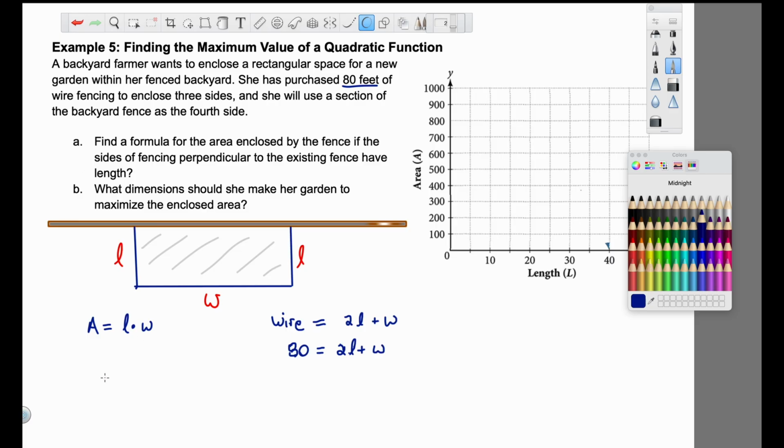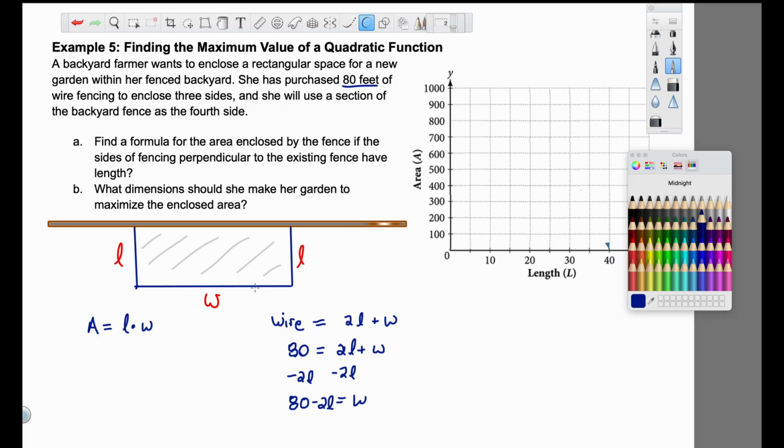Okay, so we need an area formula. Area has 3 variables, A, L, and W. So I can't solve with these 3 unknowns, so I need to have something else. What if we subtract 2L from both sides? So I get this equation in terms of W. Now my W equals 80 minus 2L.